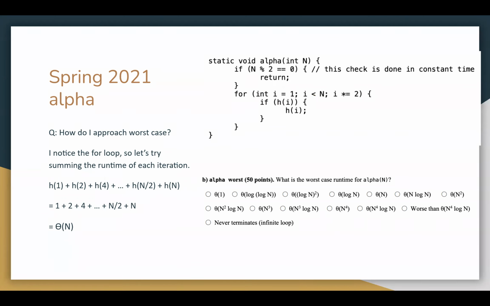What about the summation? Shouldn't that summation be log n itself? What do you mean by the summation itself here?